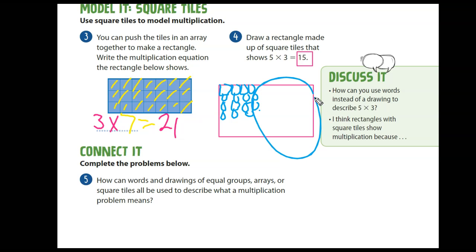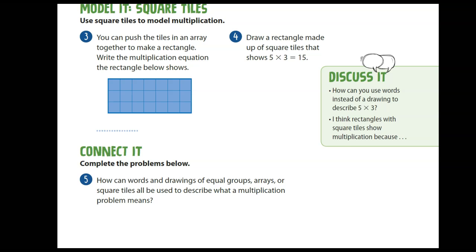I need to cover them all. So if I'm going to do an array, I need columns and rows, right? So the first number is 5. So how many rows do I need? 5. The way to make rows, I'm just going to use 4 lines.